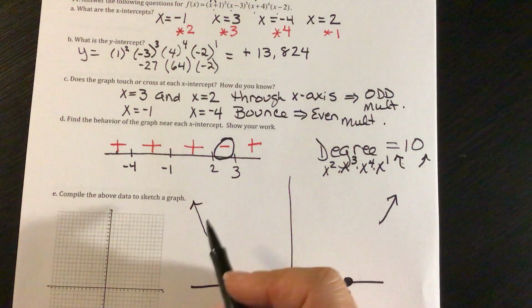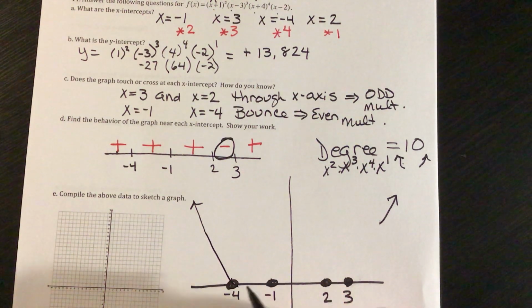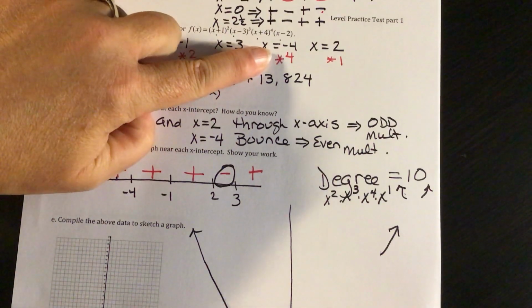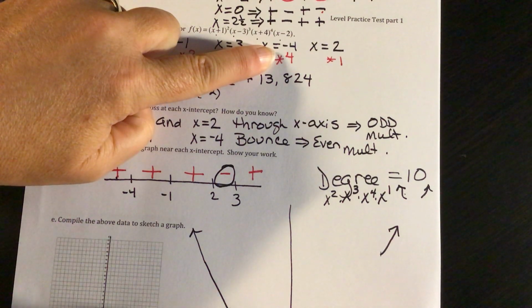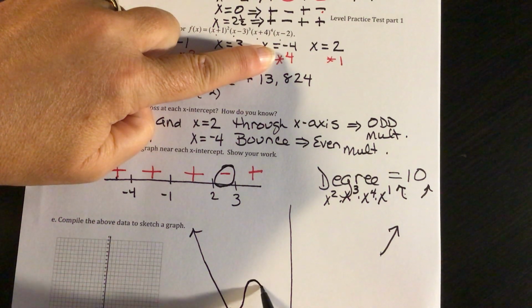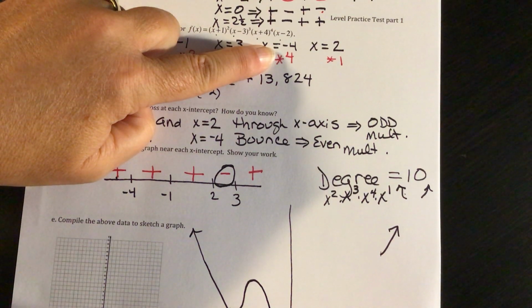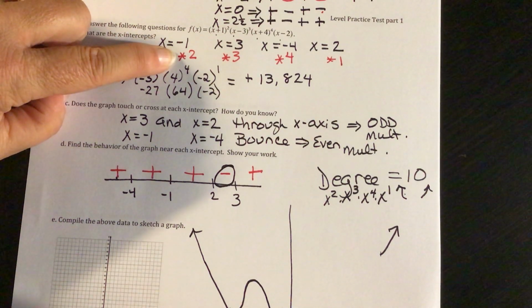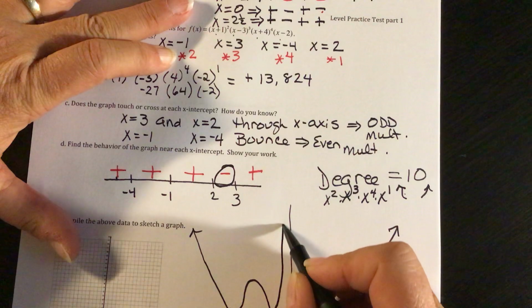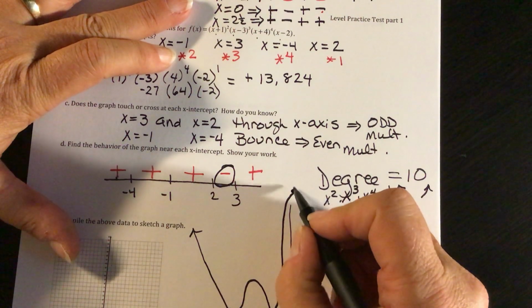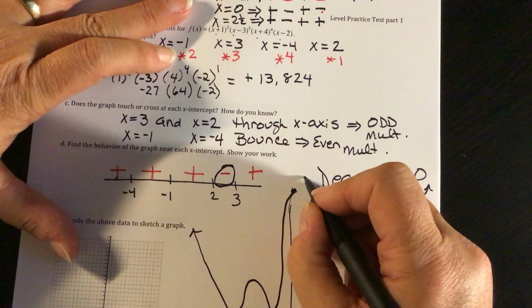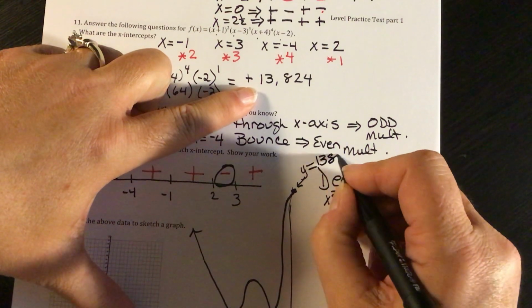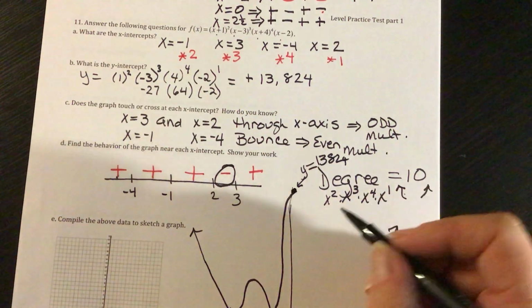All right, so as it comes down to -4, if I look at the multiplicity of -4, that's even, so it's going to turn up, and then it's going to turn back down and hit -1. -1 also is an even multiplicity, so it's going to turn back up, and it's going to go way up to our y-intercept, which is really high, and this is going to be y equals 13,824. Okay, really high on that one.